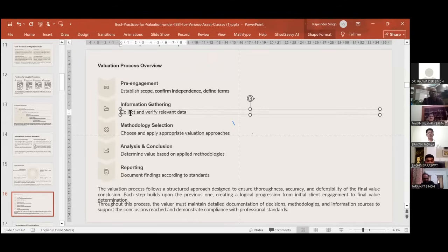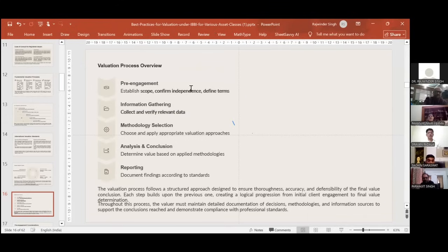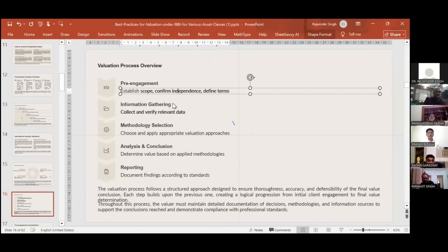Next step is information gathering. Information gathering includes collection of data and verification of that collected relevant data particularly. And then based upon these things, scope, terms, and data, you have to choose a relevant methodology. So you choose and apply an appropriate valuation approach for the valuation.